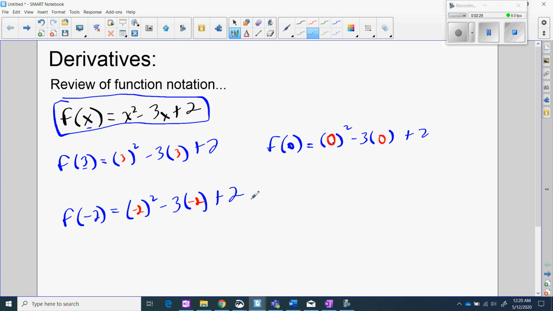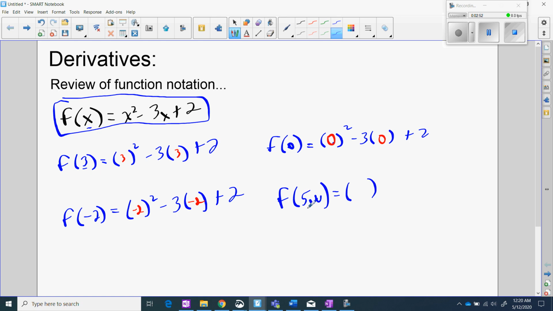No problem. Where students run into the issue is, and we did do a little bit of this in pre-calc 12, if I ask them something like f at 5w. Nothing changes. You still do it the same way. Wherever there used to be an x, here it was just a single number.